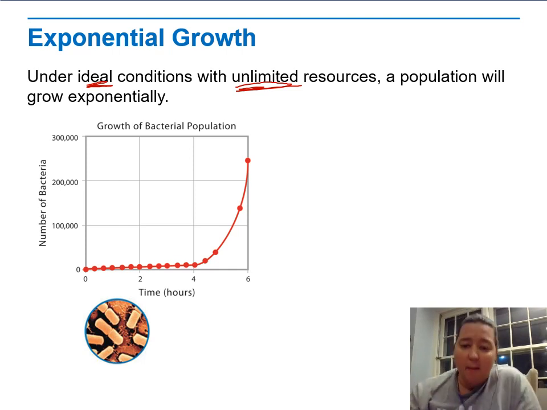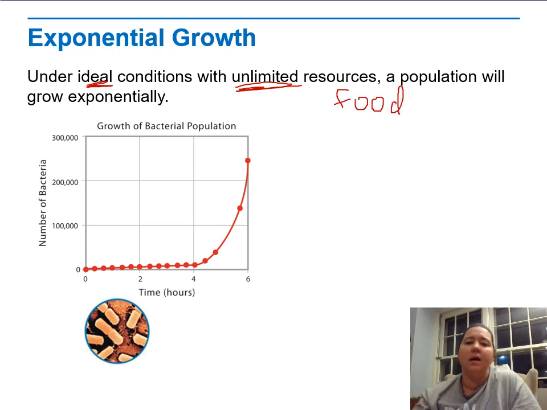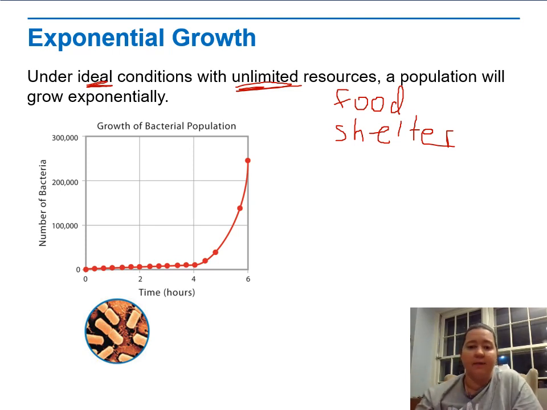Now a resource, remember, is just food. Food, mates, shelter, water, all of that kind of stuff, whatever they may need. So unlimited resources mean that there's plenty of them. So there's no control there. They've got everything they need to grow, to survive, and reproduce.